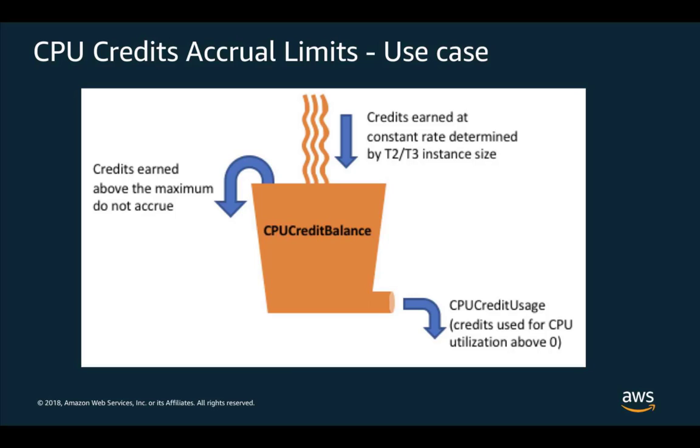In the event an instance never exceeds baseline, max earned credit is capped per day and can continue to earn each day until the old credits expire after 7 days.